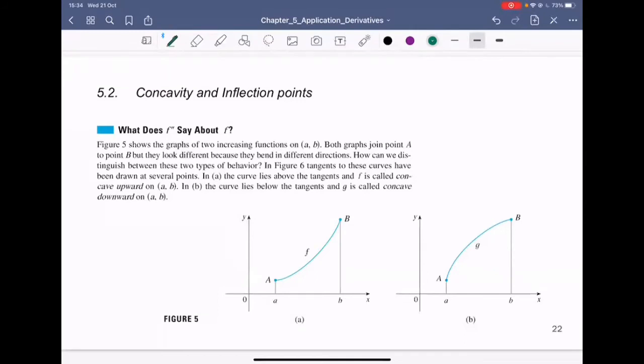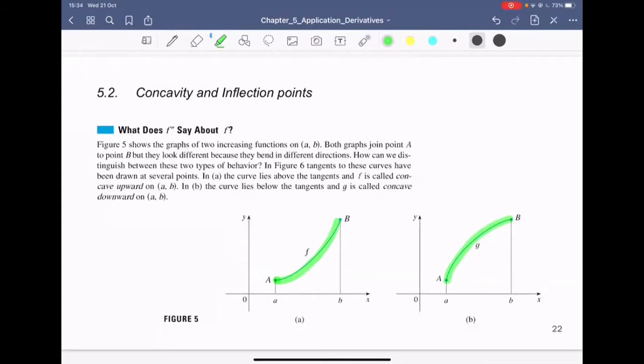You can imagine that when you have an increasing function, as you see in the picture here, you could have an increasing function in two ways, like figure A or figure B. Sounds good?